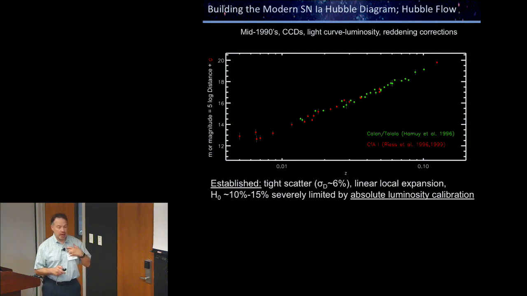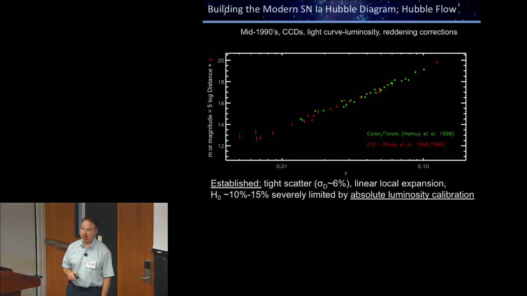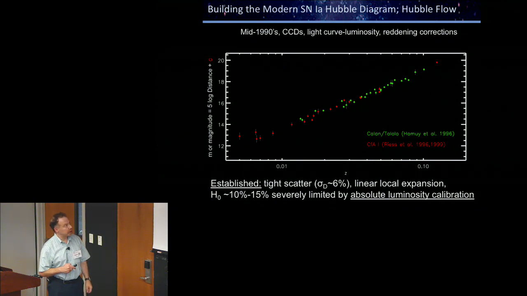In the north, I collected for my own thesis about 20-some objects, the data points you see in red. And so between these two samples, you had really a sharp delineation of the expansion rate, individual distances that were good to about 6%, a demonstration that expansion locally is linear, and this made use of tools, as I said, that were not previously available, like CCDs and these various corrections that sharpen up these standard candles.